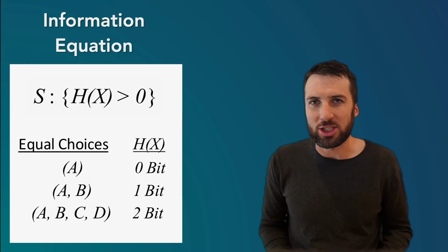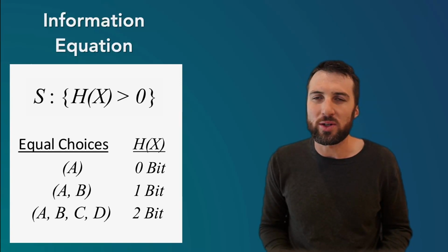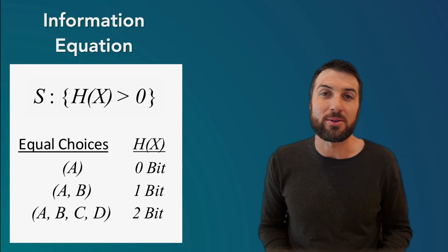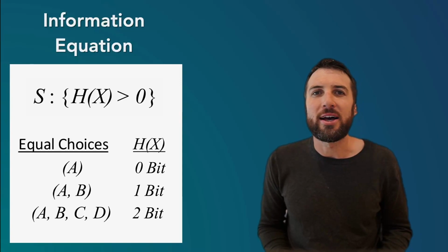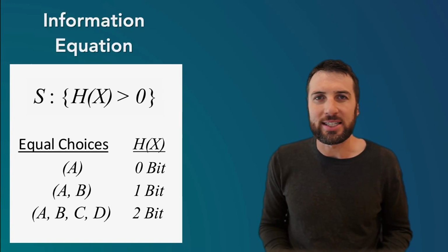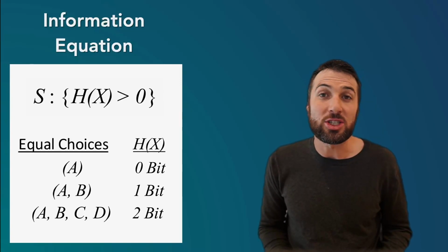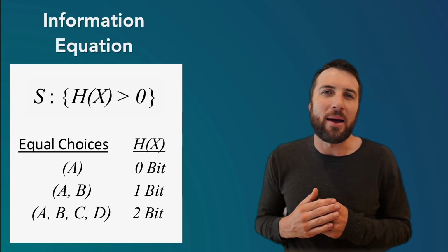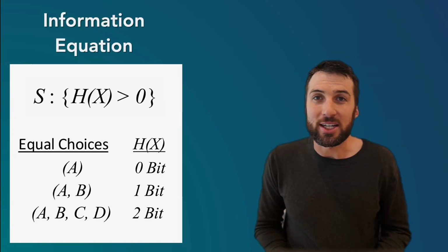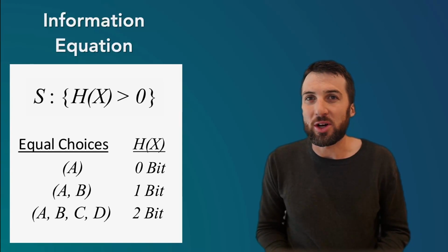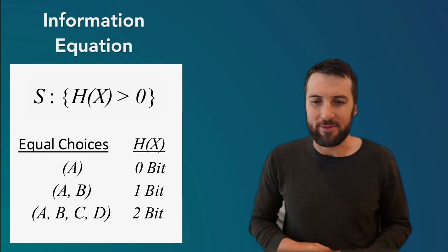It was 50% chance to be A or B because they're equal choices, and providing that message provided 1 bit of data. Now, if there were 4 choices, A, B, C, D, this will essentially provide 2 bits of data. So it's all about providing a message that tells you something that is not 100% chance of occurring. There's a lower chance of occurring, and essentially this will provide information.